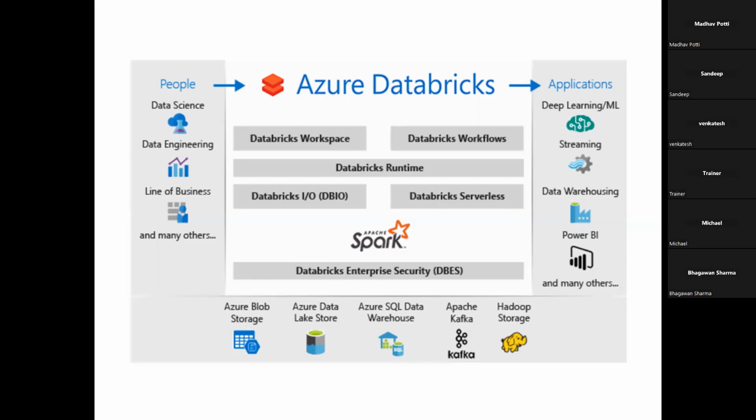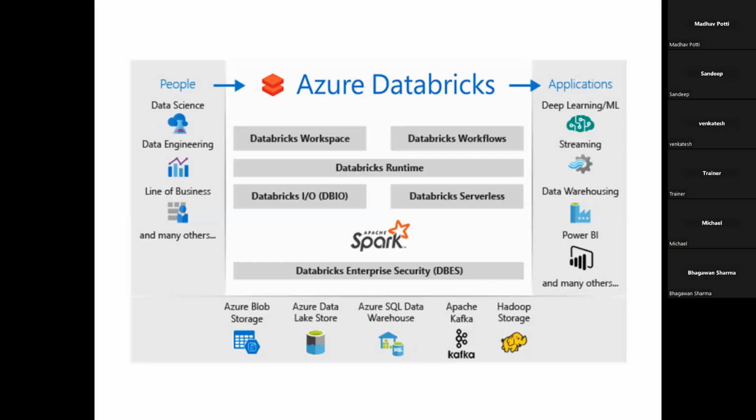If you see on the left side, we have data engineering, the ADF part we already did, right? There are data scientists, data engineers, and lines of business using different stuff, and there are many other things, like social media data coming in. Now, Databricks, as an analytics processing engine, connects to the different sources.